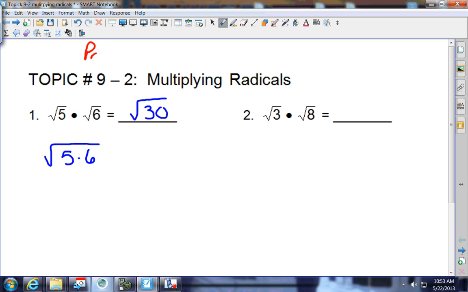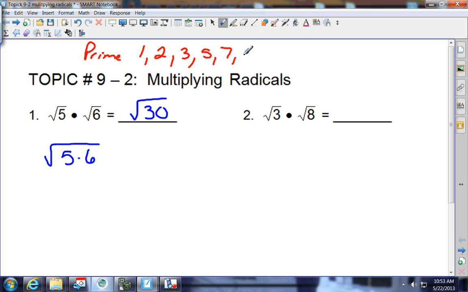Examples of prime numbers. 1, because it's only 1 times 1. 2, 2 times 1. 3 is a prime number. Is 4 prime? No, because you can have 2 times 2. What about 5? Yes. What about 6? Nope. 7? 8? 9?